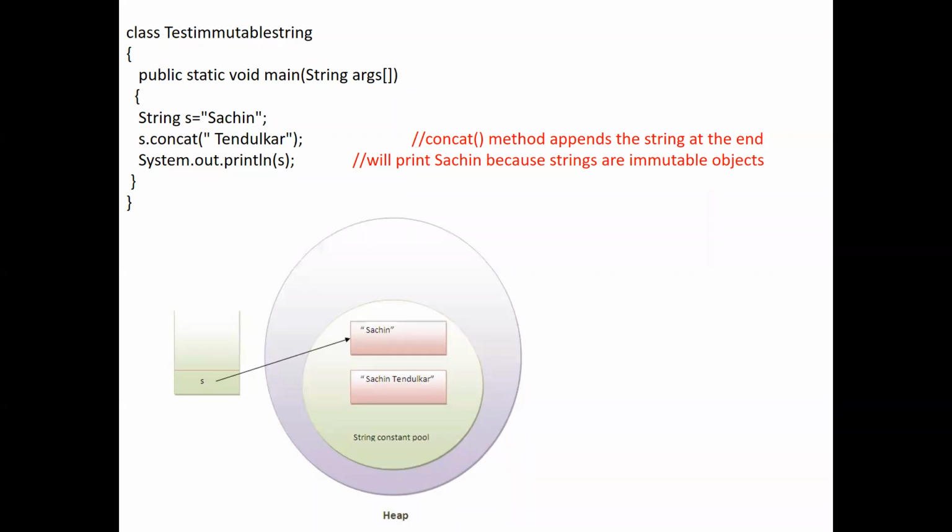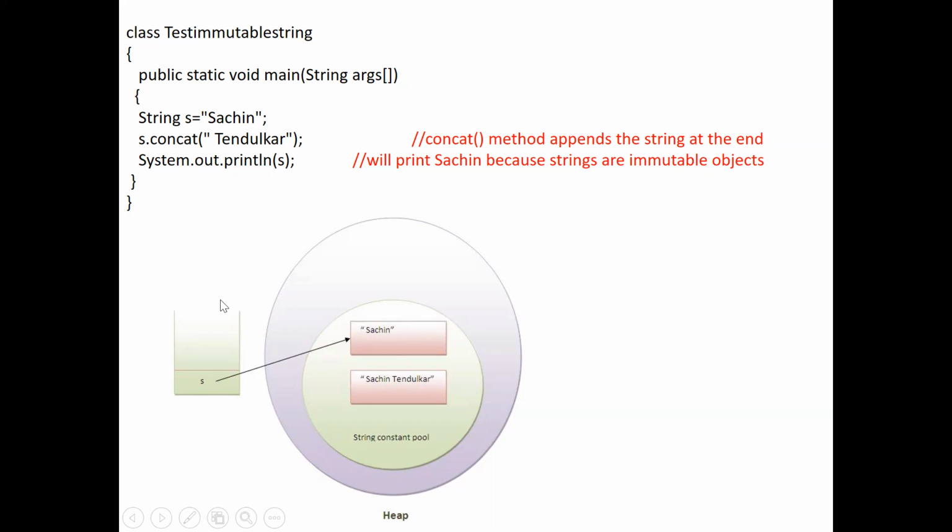If you open the Java API specification for the string class, you can see all these functions. Okay, what I'm doing is concat. Concat is nothing but adding. I'm trying to build Sachin Tendulkar. First I've created Sachin with s, and I'm trying to add Tendulkar to that s. So what happens in real time?